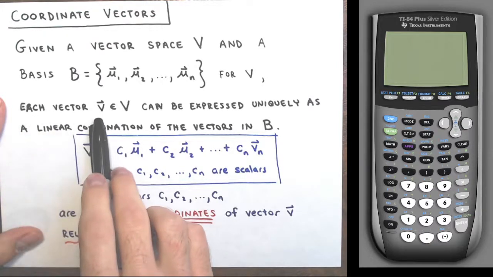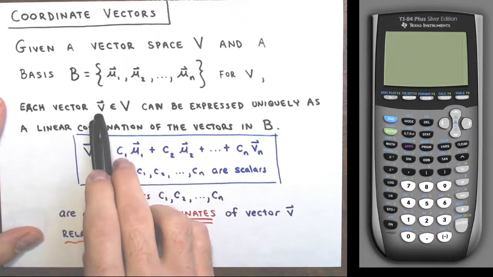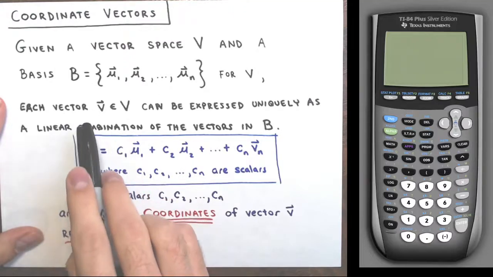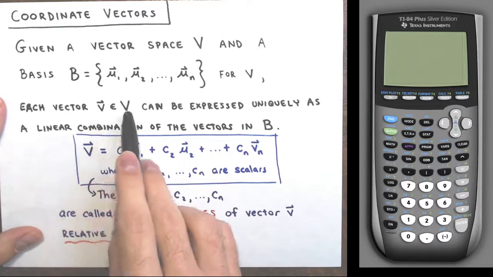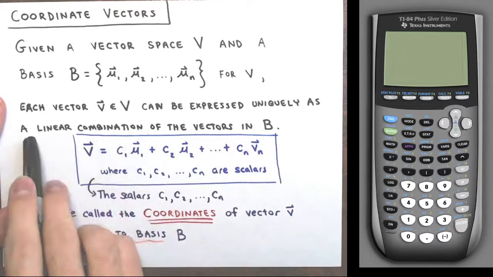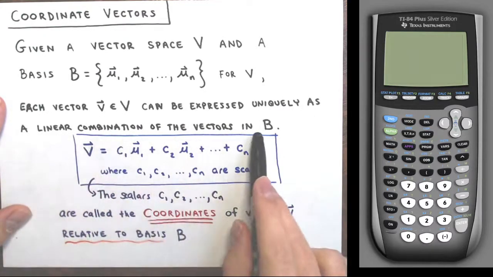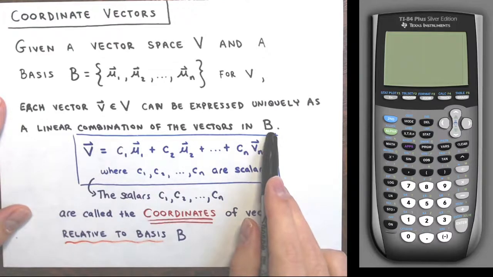Each vector v in the vector space V, this is lowercase v, the vector v with the little arrow above it, can be expressed uniquely as a linear combination of the vectors in the basis B. And that's what I'm saying here.